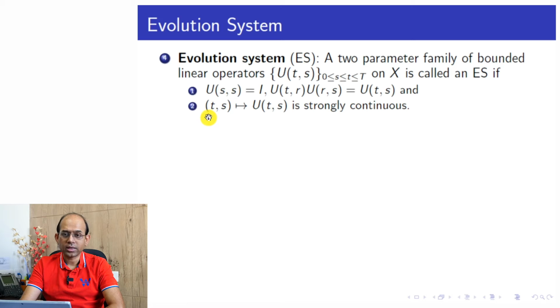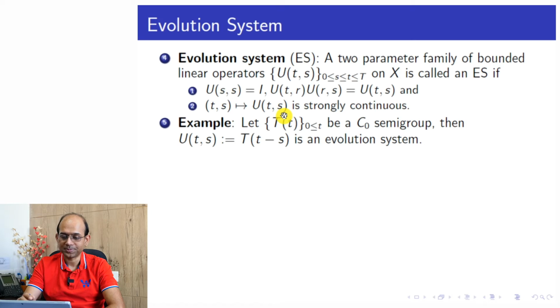And another thing is the regularity property, that (t, s) to U(t, s) is strongly continuous. What does it mean? That means (t, s) to U(t, s)x, a point in the Banach space, is a map that is continuous with respect to the variables t and s. Okay, so for example, if we have a C0 semigroup T(t) and we define U(t, s) as T(t minus s), then this forms an evolution system. So this is an example.